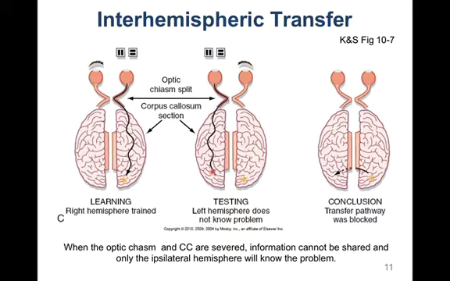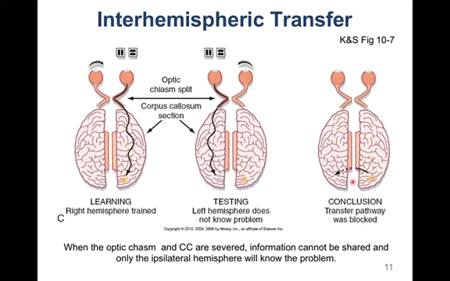It didn't receive the information from either the optic chiasm or across the corpus callosum. So that means the interhemispheric transfer pathway is blocked because we've severed both possible pathways. So when the optic chiasm and the corpus callosum are severed, information can't be shared, and only the ipsilateral or the trained hemisphere will know the problem. The other hemisphere will not.